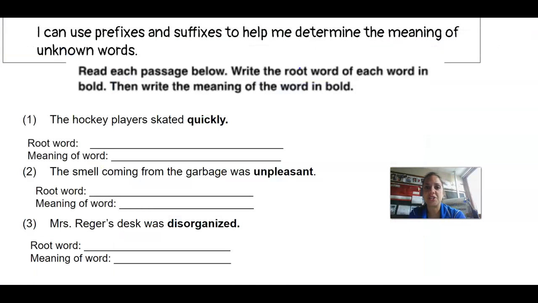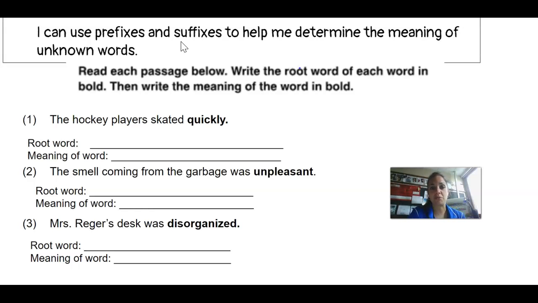Let's put our strategy to use on this workbook page. Again, I can use prefixes and suffixes to help me determine the meaning of unknown words. Remember, a prefix comes at the beginning of a word, and the suffix gets added on to the end of a word.